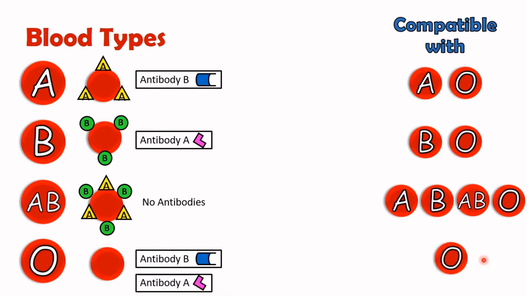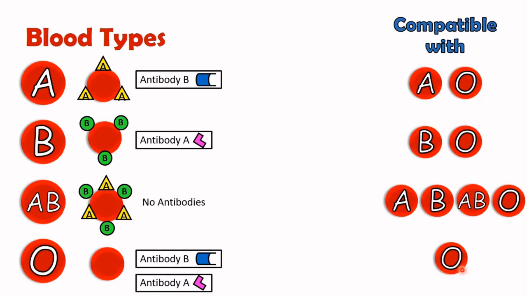This is because in the O blood type, there is no antigen A and also no antigen B, meaning that antibody B and antibody A cannot react with any kind of antigen here. But if it has other blood, it will react and destroy them.